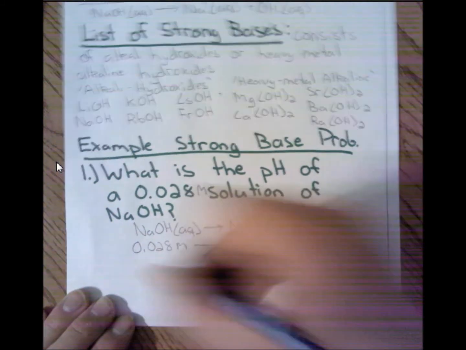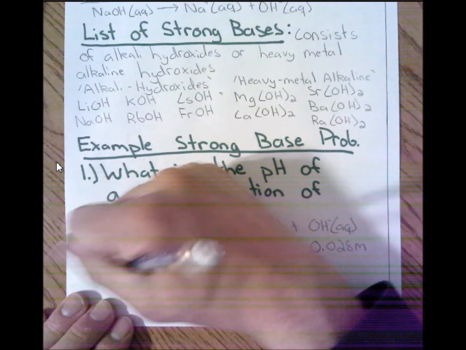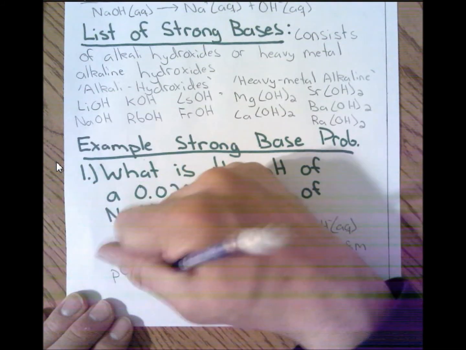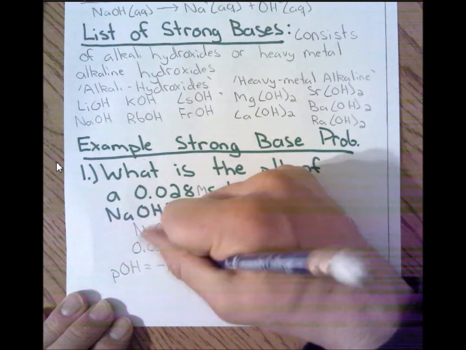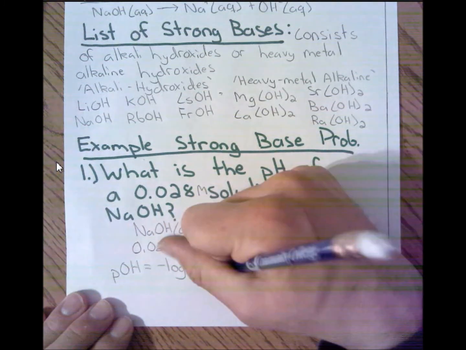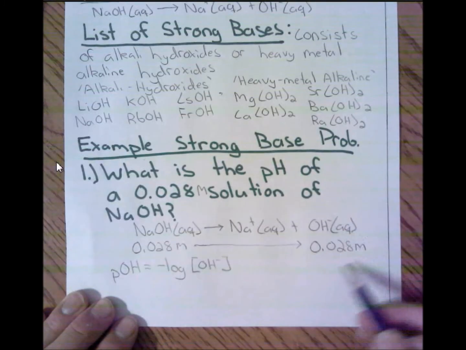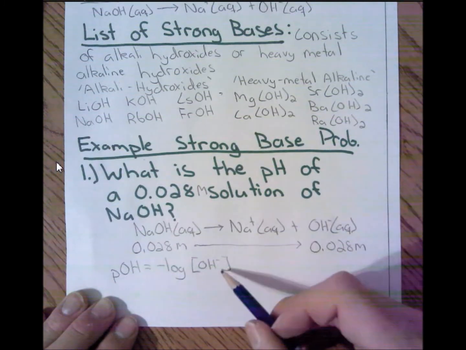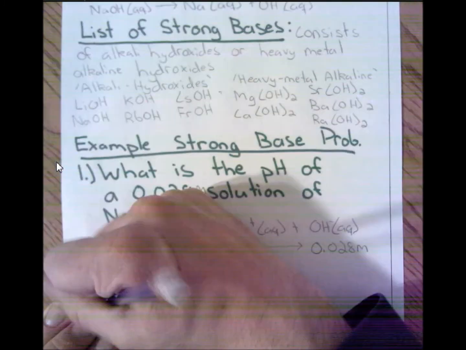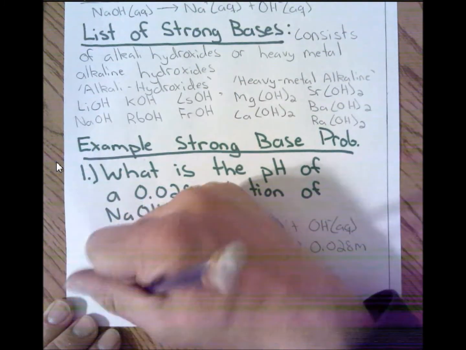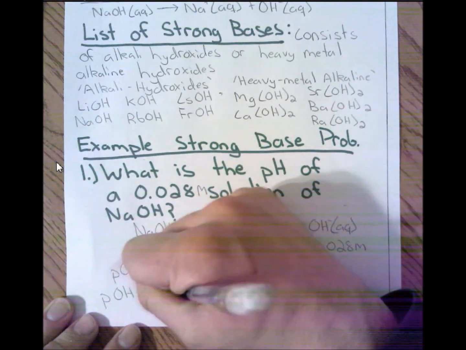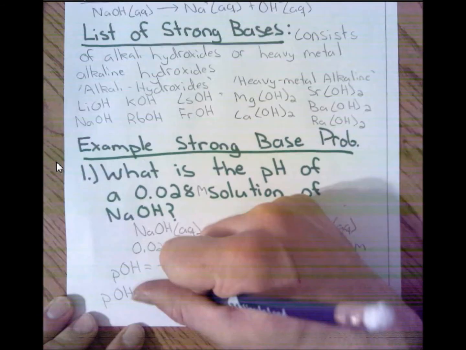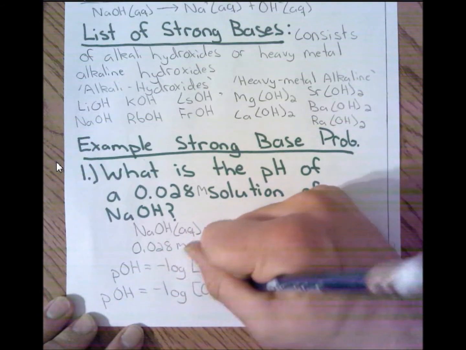And so all we have to do is plug this value of 0.028 into our equation. So our pOH is equal to the negative log of 0.028 molar. So I plug this number in, negative log of 0.028, and I press enter.